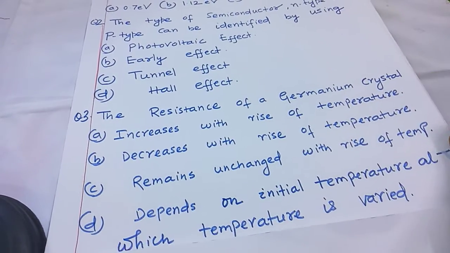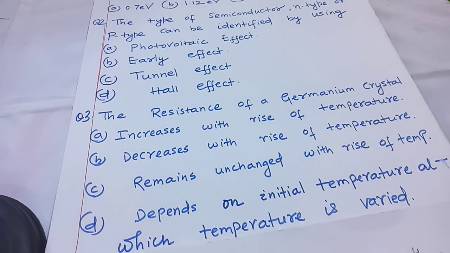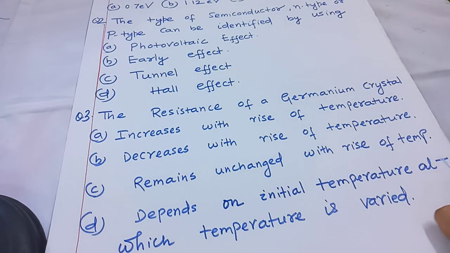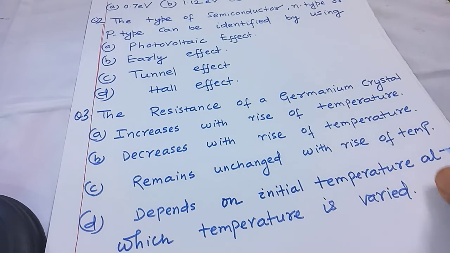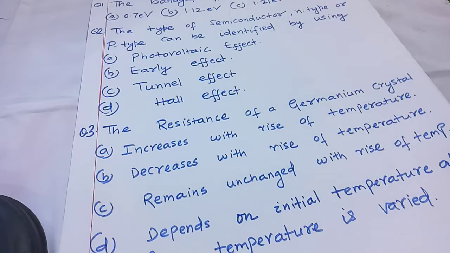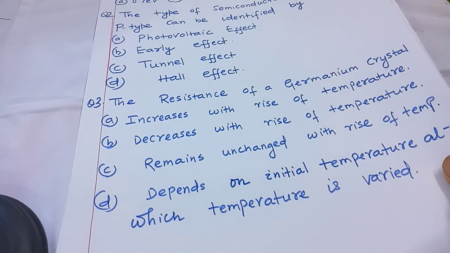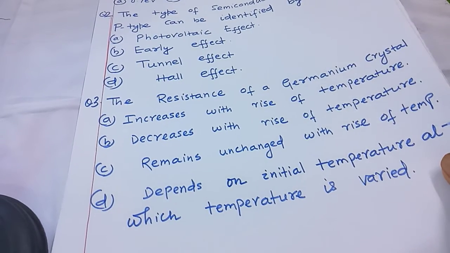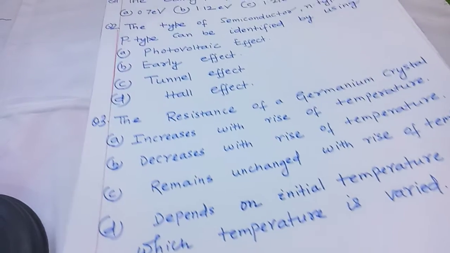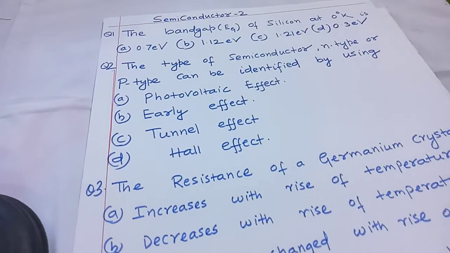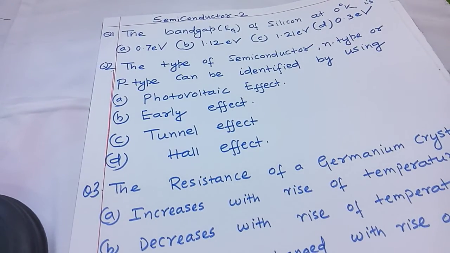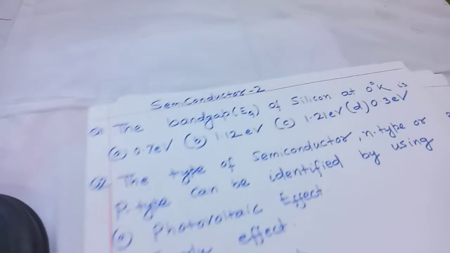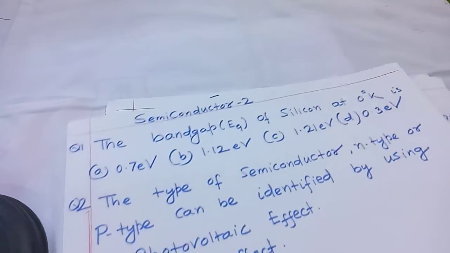Now the next question is: the resistance of a germanium crystal increases with rise of temperature, decreases with rise of temperature, remains unchanged with rise of temperature, or depends on the initial temperature at which temperature is varied. It is a very clear question. With rise in temperature, the resistance of a germanium crystal decreases, or conductivity increases.